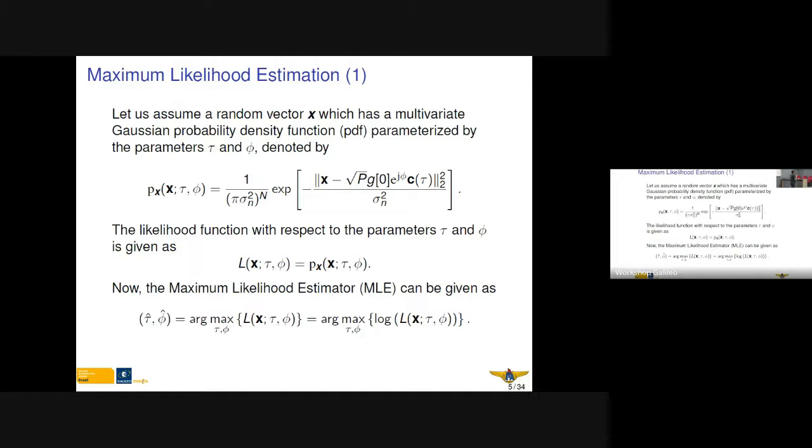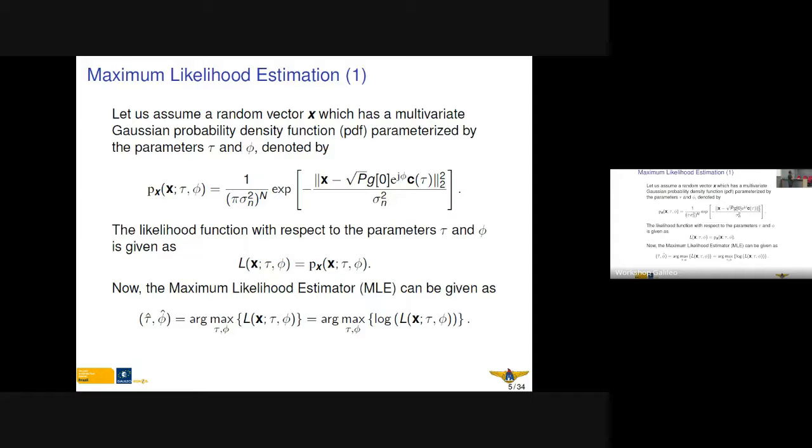Again, as before, we can consider a random variable x, where our received signal x is a realization of this random variable. The random variable has a multivariate Gaussian probability density function, as given here on the top, and we can see now that this PDF is parameterized by the time delay and the phase.